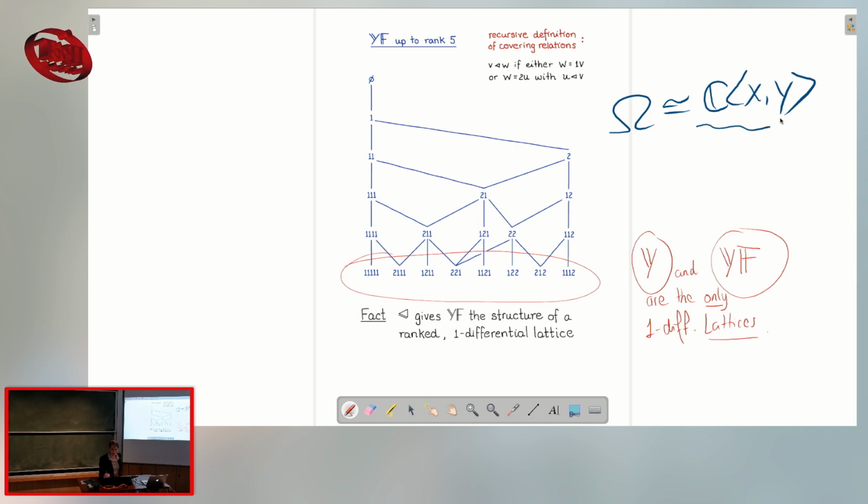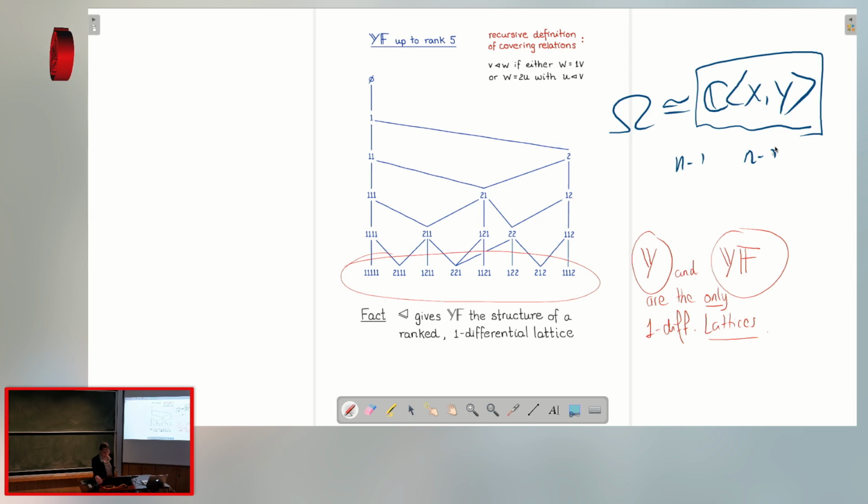Yes, so perhaps these two variables you could interpret as the two generators L_{-1} and L_{-2} of the Virasoro algebra. But if you impose some extra relations between these variables, you could go back to the original Young situation. And if not, I guess you have a generalization of the Virasoro algebra and its representations.